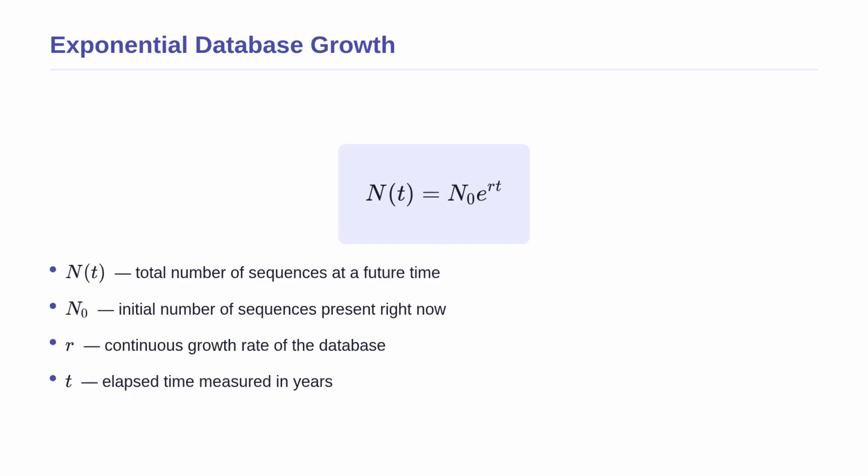The constant e is Euler's number, approximately 2.718, serving as the base of natural logarithms. The variable r represents the continuous growth rate, and t represents the elapsed time in years. If the growth rate r increases even slightly, the future database size will explode much faster, requiring massive and immediate infrastructure upgrades.